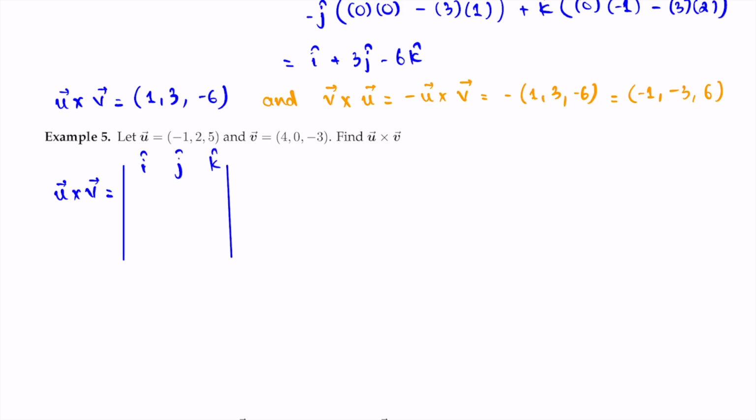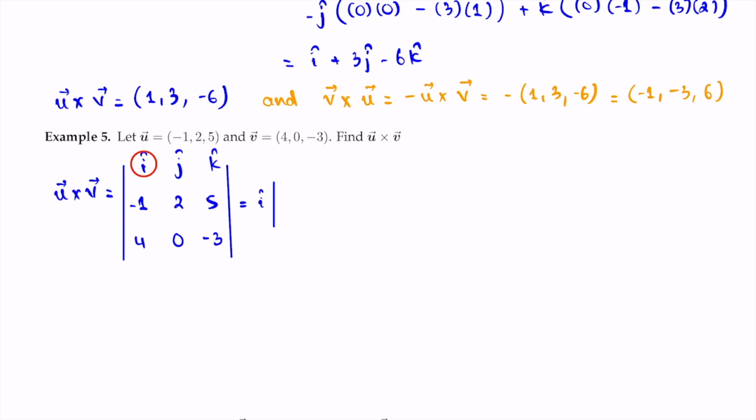The second row is the components of the first vector in the cross product, that is u. Therefore, you get -1, 2, 5. And the last row consists of all the components of the second vector in the cross product, that is 4, 0, -3.